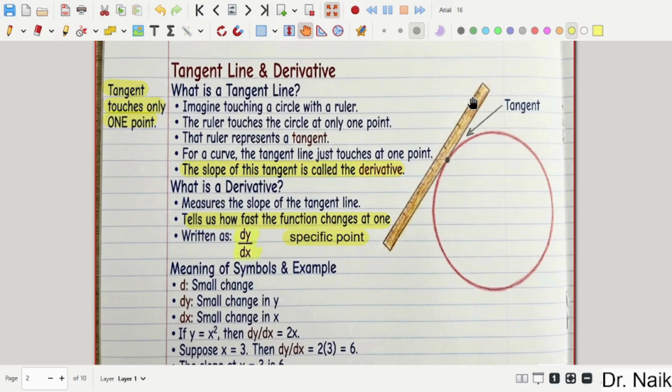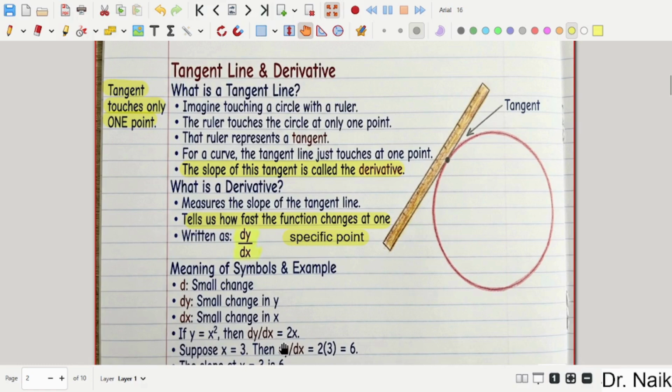Derivative tells how fast the function changes at a specific point, and it is written as derivative of y with respect to x, where dy is a small change in y, and dx is a small change in x.